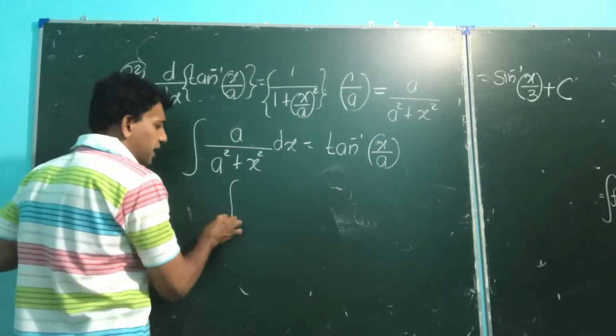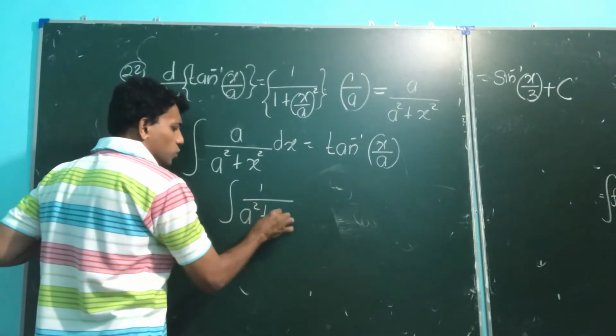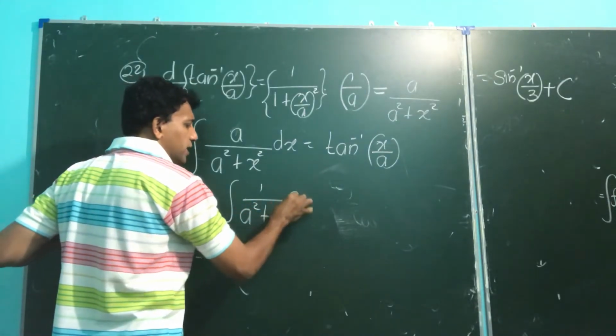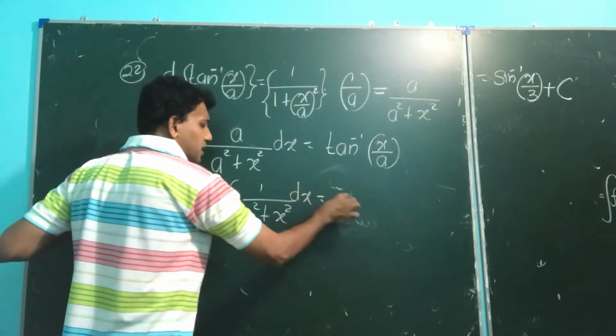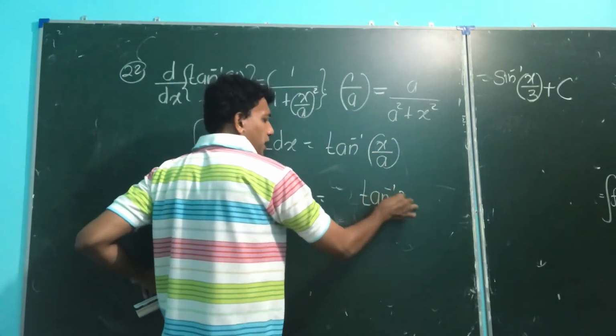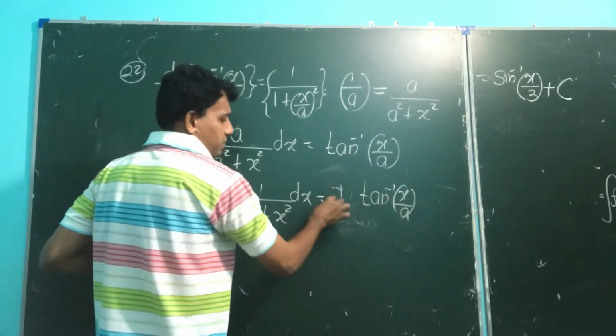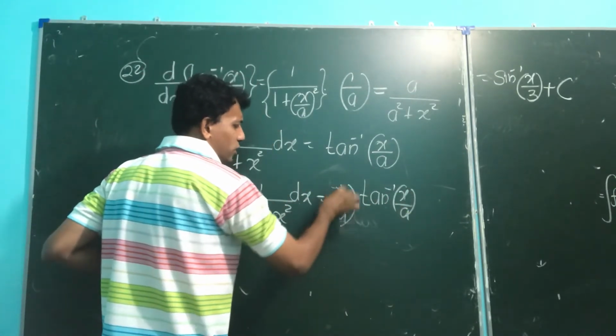Therefore, the standard form, very important and used a lot in problems: the integral of 1 over a square plus x square dx is tan inverse x over a into 1 over a. So here there is 1 over a, very important, right?